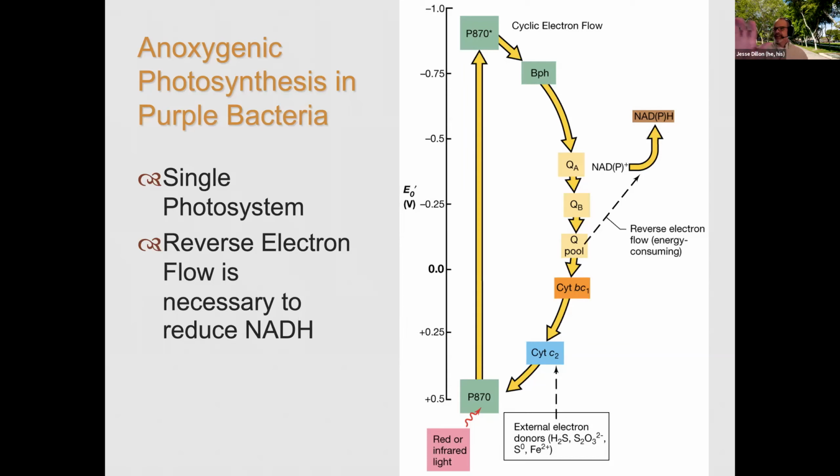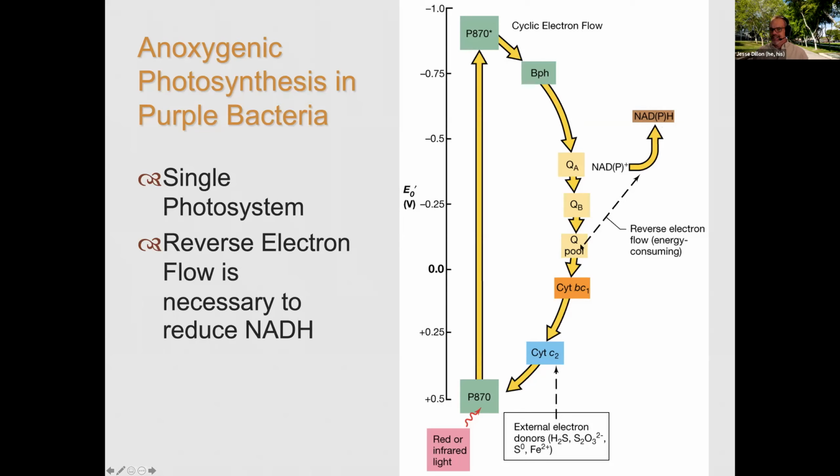So if you remember nothing else from this, I want you to be thinking about the fact that we're going to energize our electron. The electron then comes back down the cycle, and we use that to generate these so-called reducing equivalents. But as you can see from this, it's hard. And so there's actually a need to use a little bit of your ATP to do reverse electron flow.